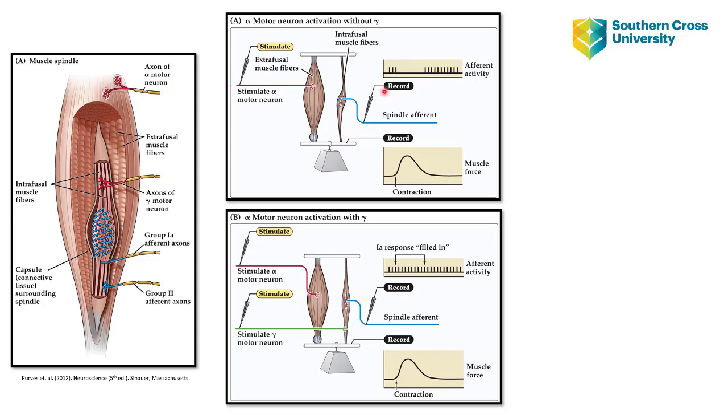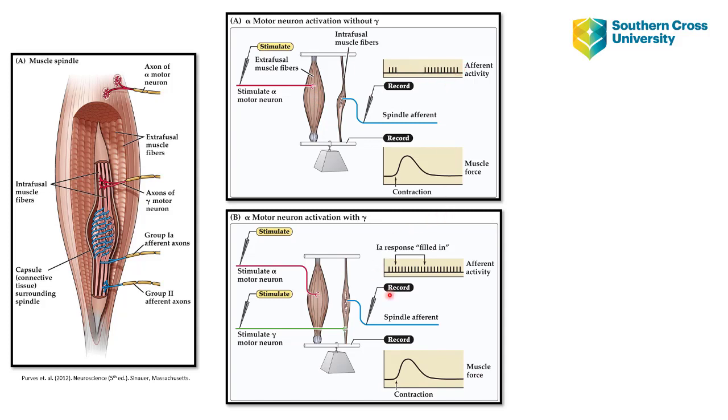And you'll notice here that when that original stretch came, it fires off rapidly. That leads to the contraction because of the reflex. But we have this silent period in the middle because it's all floppy. And then by the time the muscle starts to elongate again, it then kicks back in.